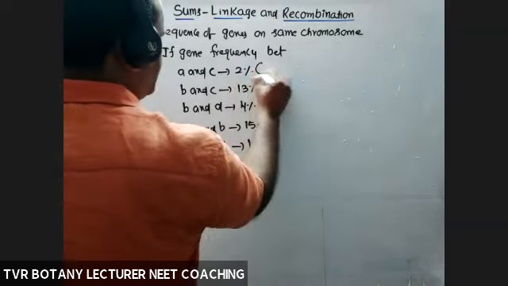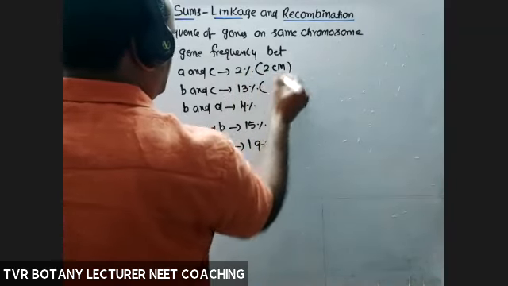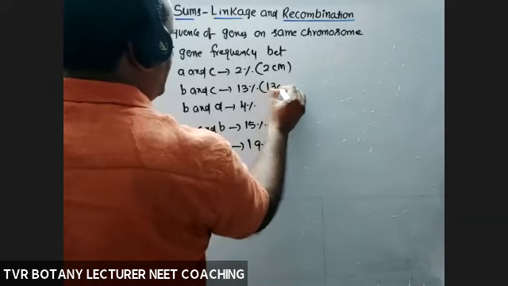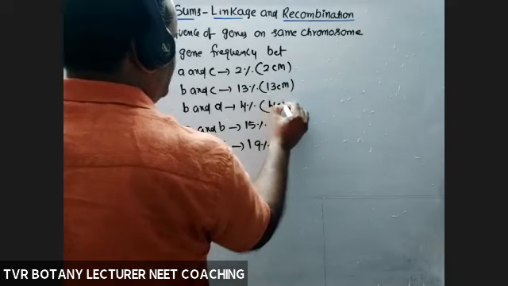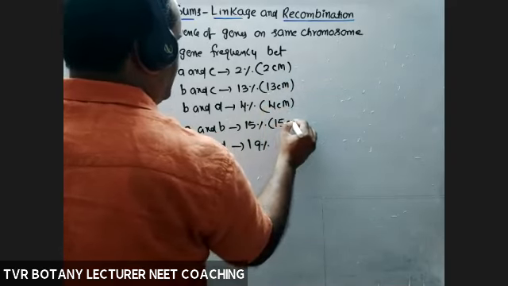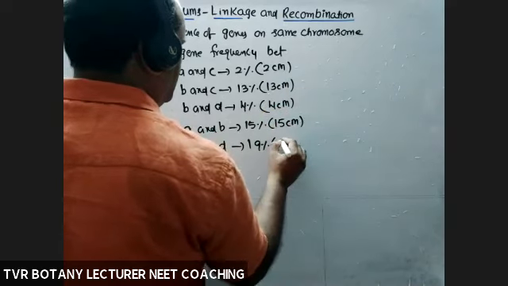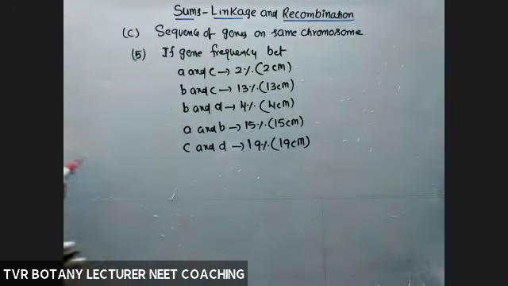So 2% means 2 centimorgan, 13 centimorgan, 4 centimorgan, 15 centimorgan, 19 centimorgan. Okay, right? So given options one by one.